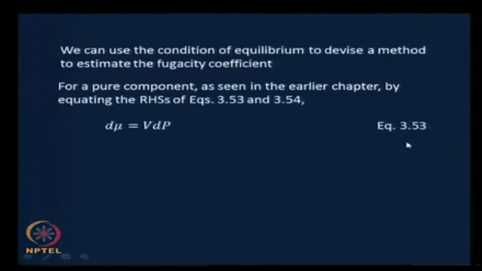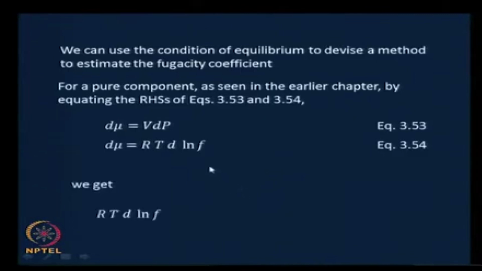This was 353, and d mu equals RT d ln f. This was equation 354, f being fugacity. Since these are equal, if we equate these two, we would get RT d ln f equals V dP. Let us call this equation 531.